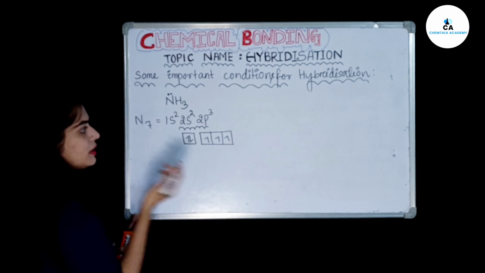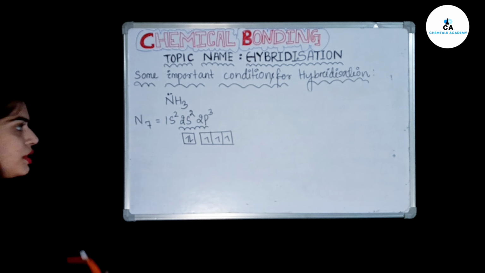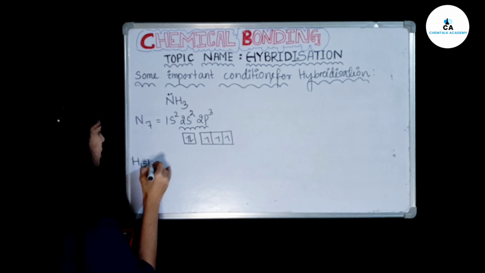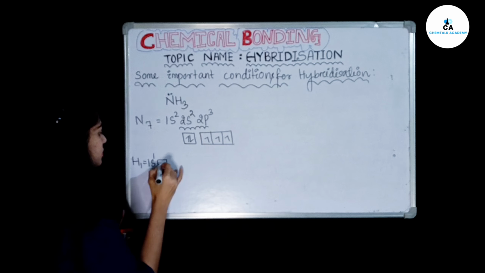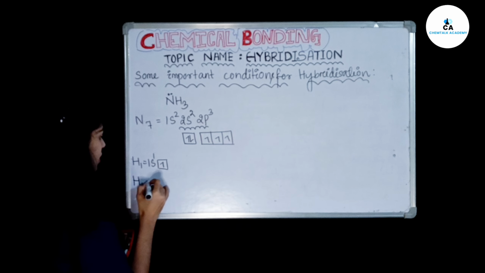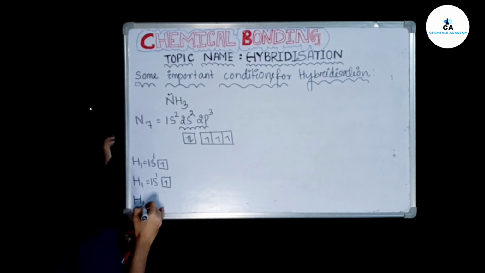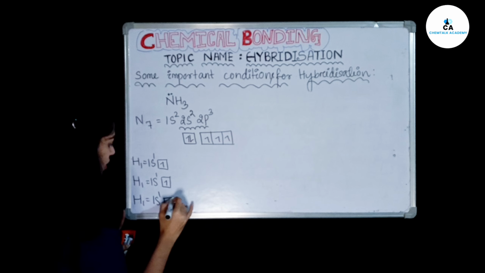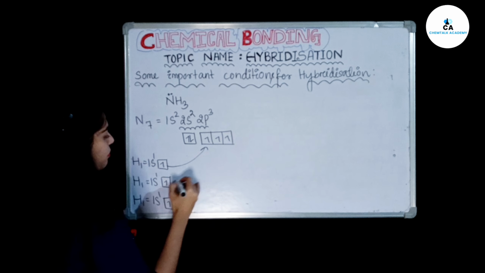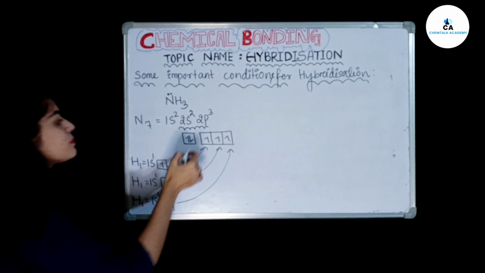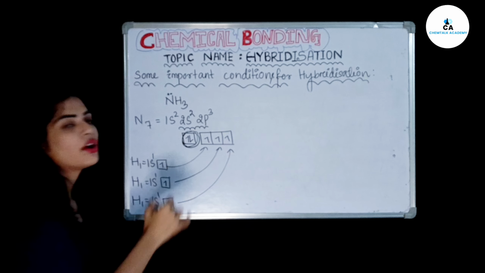Clear? Similarly, here how many hydrogens are approaching? 3 hydrogens are approaching, each hydrogen with one electron. These orbitals form bonds. So here this promotion of electron is not required.